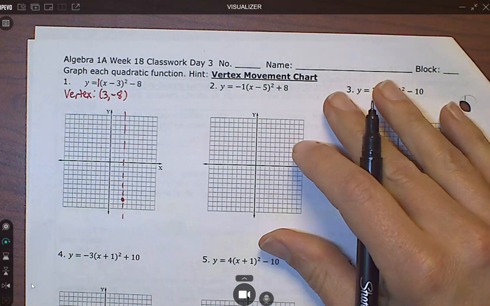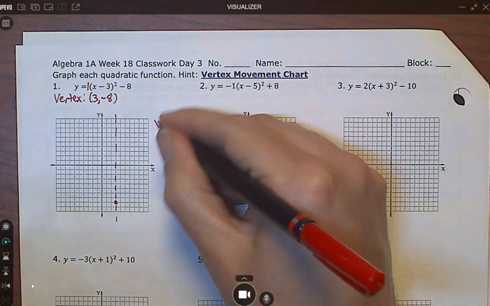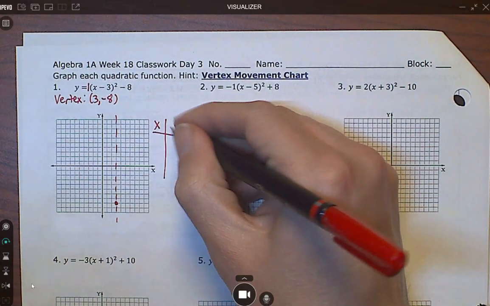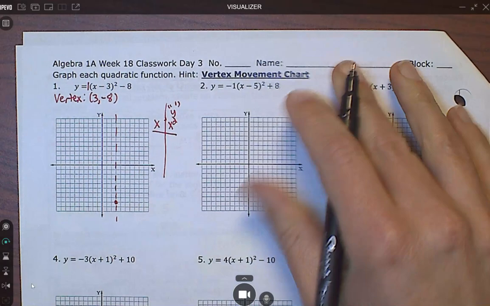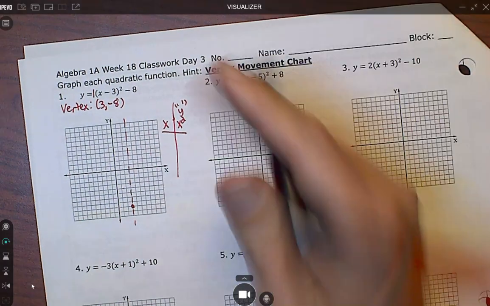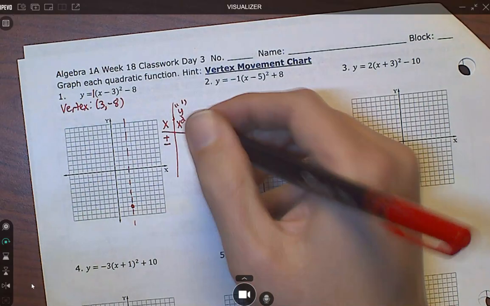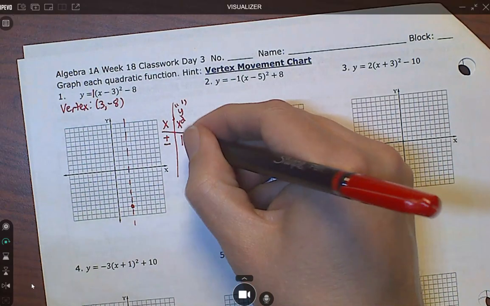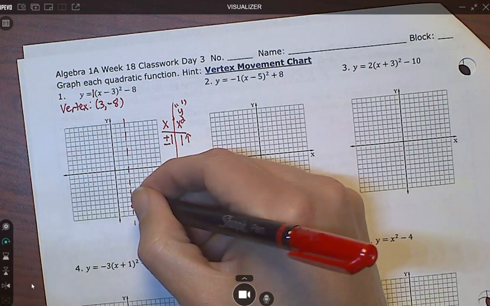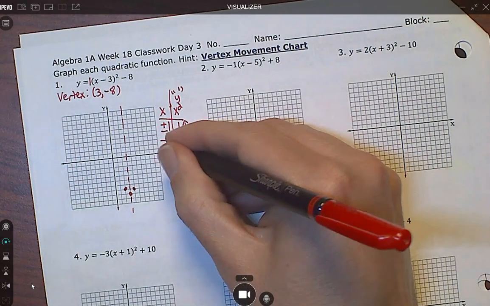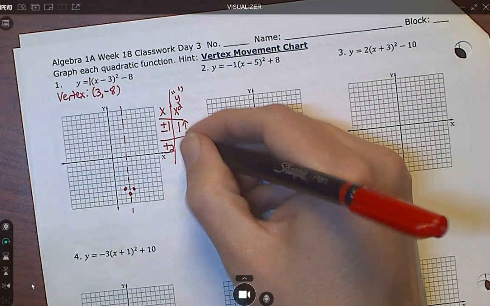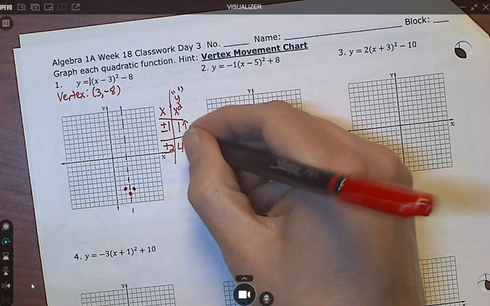A is 1, so what that means is we do the good old x, y movement chart. Plus or minus 1 of the vertex, I go up 1. If I go left or right 2 of the vertex, 2 squared is 4, I go up 4.